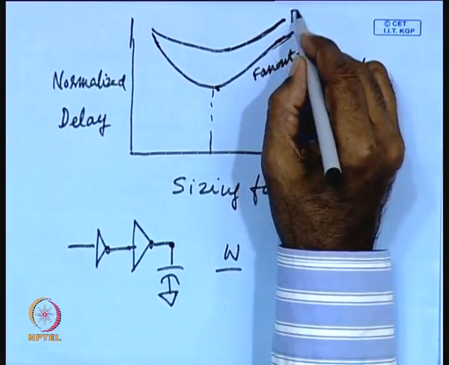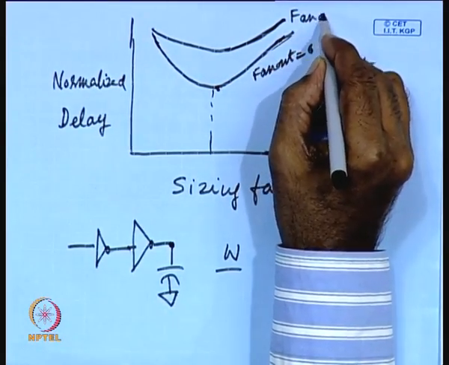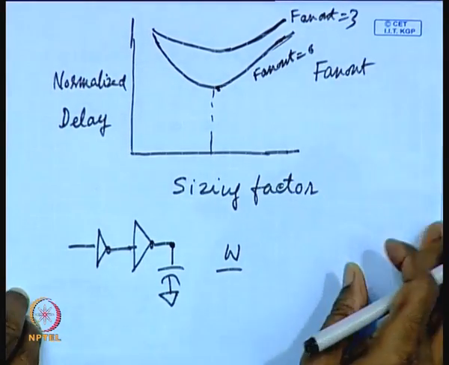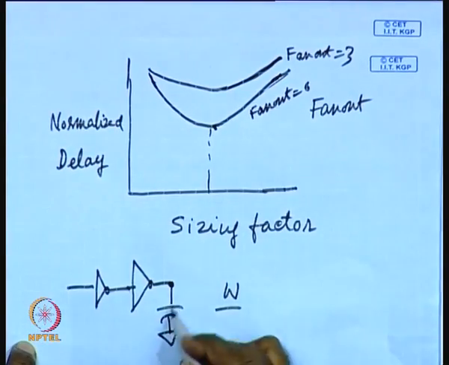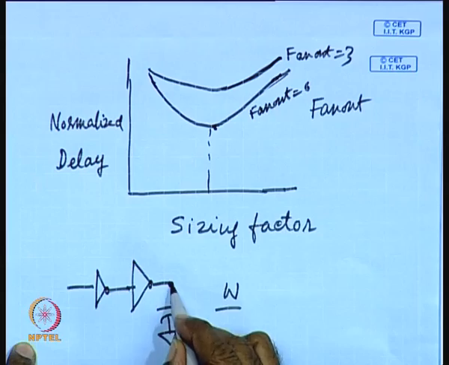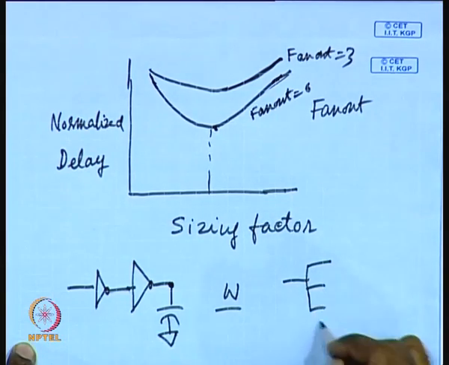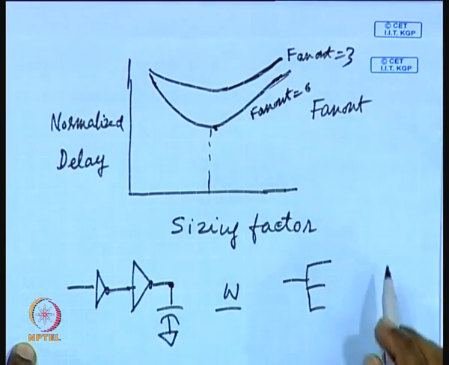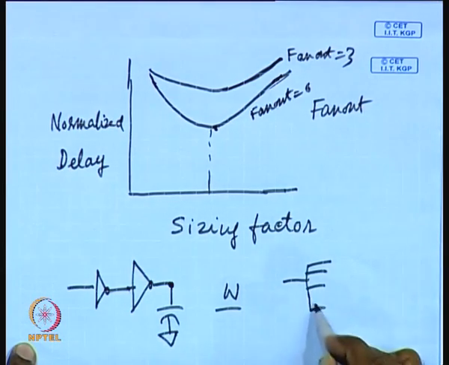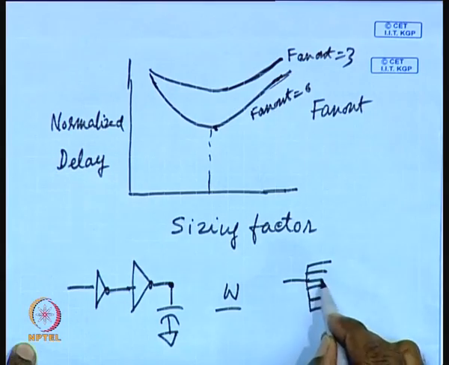So, here fan out is 6 and here, say, fan out is equal to 3. When the fan out is smaller, this capacitance is smaller. Fan out means it is driving fewer gates when the fan out is equal to 3, and whenever you are driving more gates, the fan out is more.